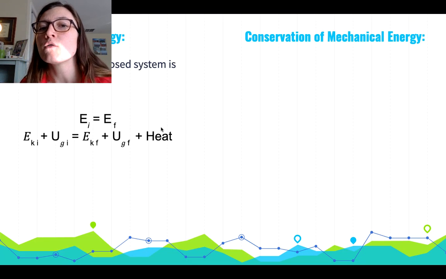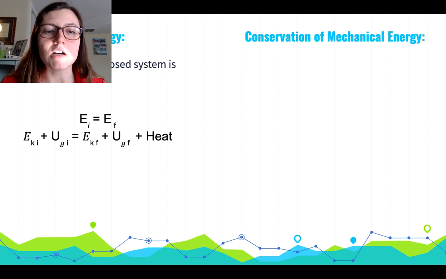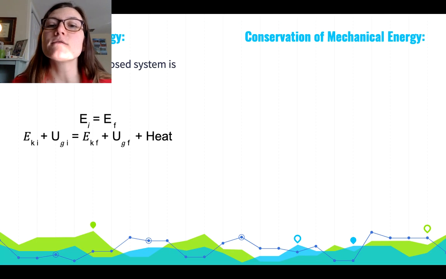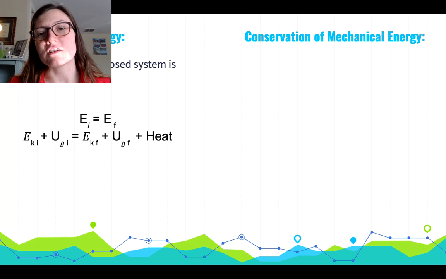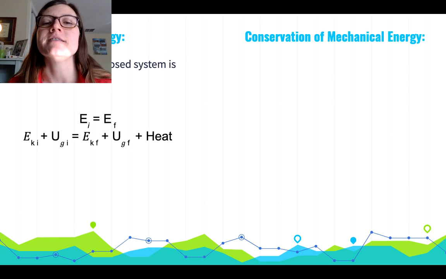Which really only occurs if there's friction or air resistance involved. If friction or air resistance is not involved, heat is equal to zero. If heat is equal to zero, meaning that there is no friction, we can say that the mechanical energy in the system is conserved.